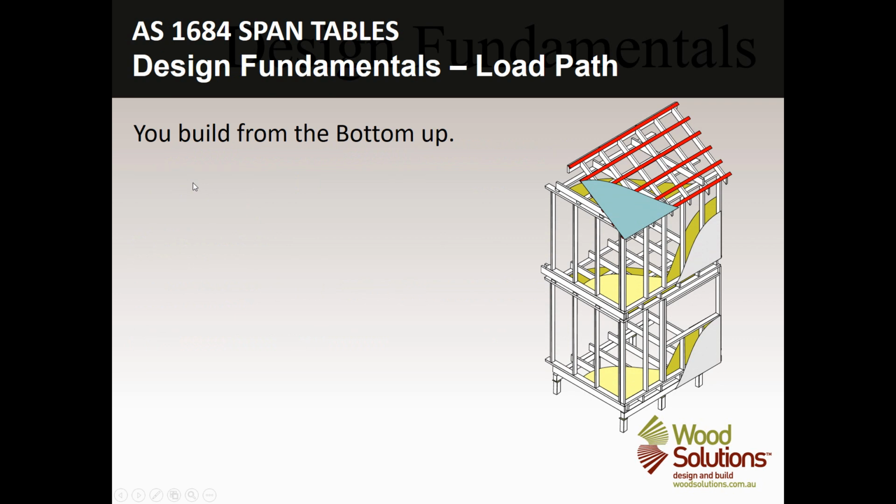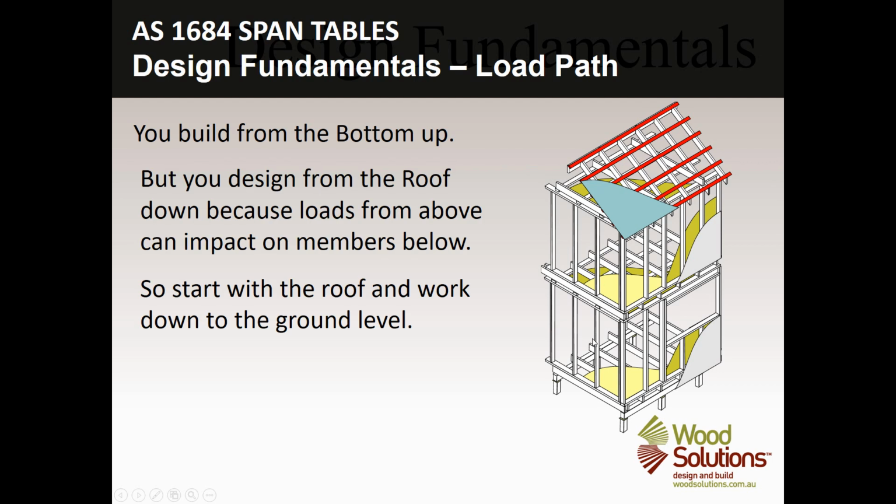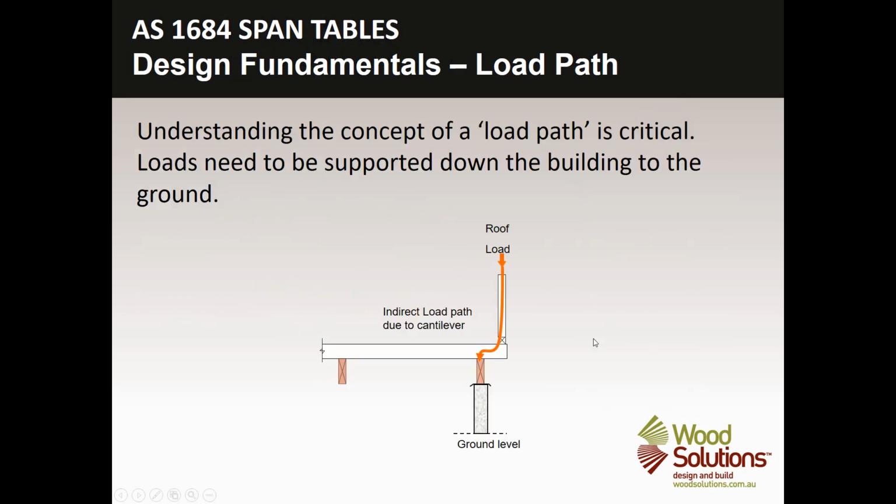So you build from the bottom up, but you design from the top down, because the roof loads imposed upon the frame dictate what the frame imposes upon the floor, which dictates what the floor imposes upon the footings. We have to be sure that we have continuous paths of load, that we don't have too much eccentricity in forces.